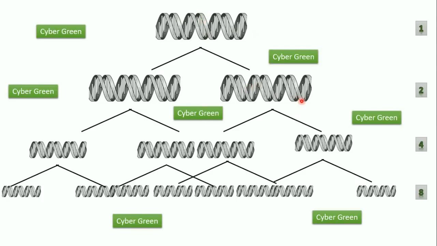So at each cycle, when the cybergreen is bound to the DNA, it becomes fluorescent. So at each cycle, we will get more fluorescence because more cybergreen will be bound to the DNA. At the end, we will get more and more fluorescence during the PCR process. And of course, the spectrofluorometer can detect this fluorescence.